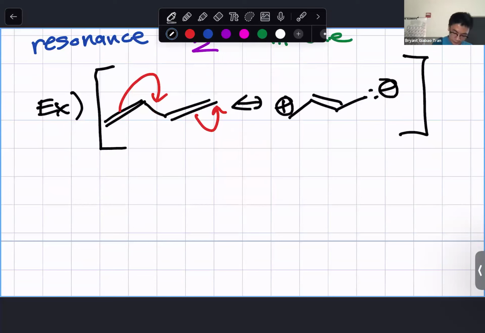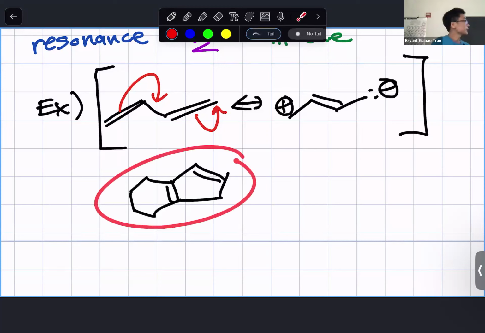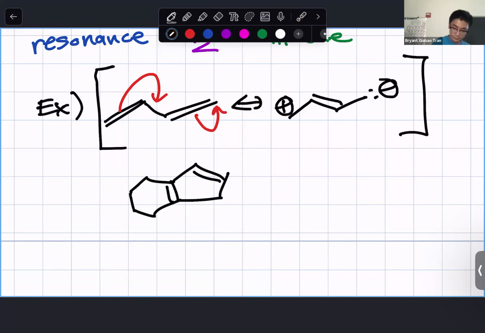Another example of a conjugated diene could be in a ring. So let's say, for example, you have something like this right here. This is considered a conjugated diene because the carbons of these alkenes are sp2 hybridized. So we have a network of adjacent sp2 atoms, making them conjugated.